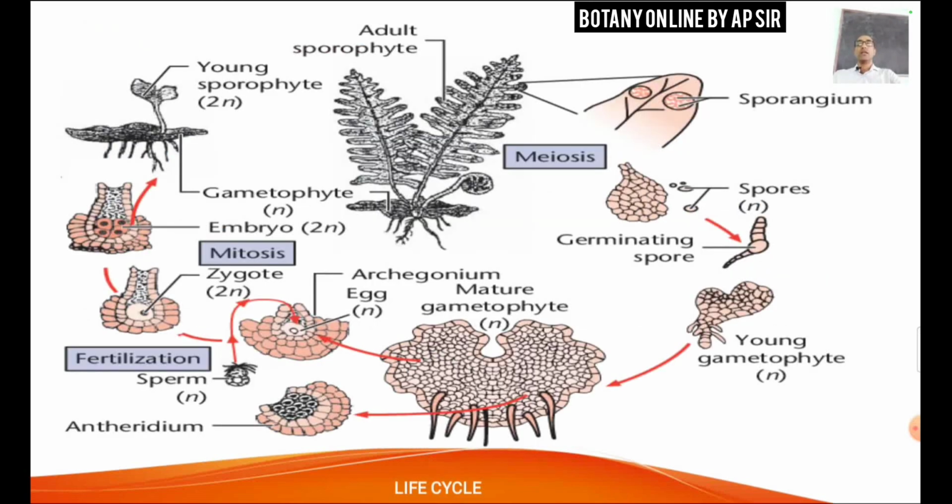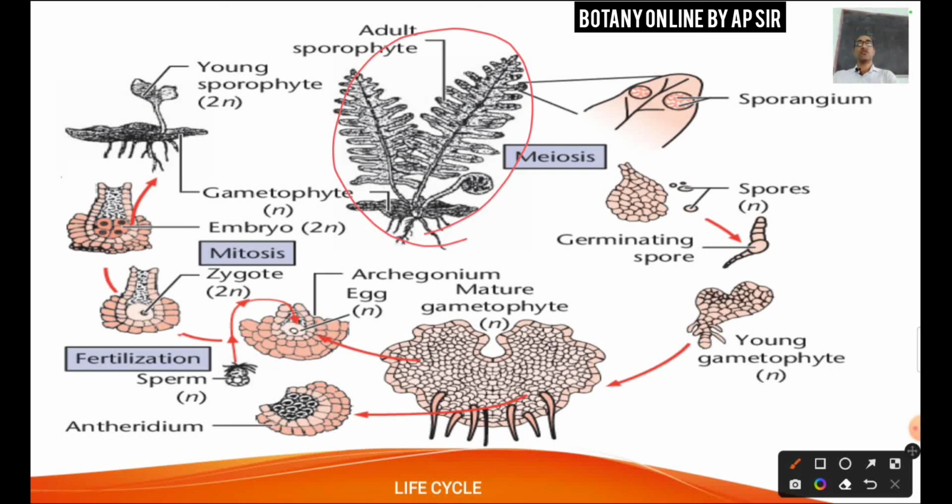Now come to the life cycle of the pteridophyte. As we have studied, in the pteridophyte the plant body is a sporophyte. The sporophyte has sporophylls, and the sporophyll bears the sporangium. The sporangium has spores.